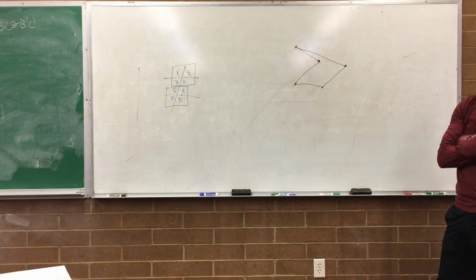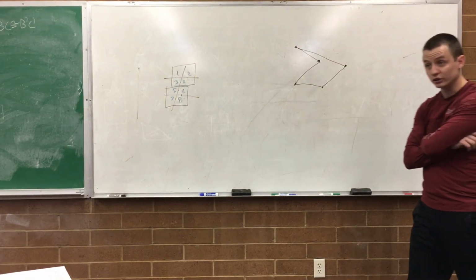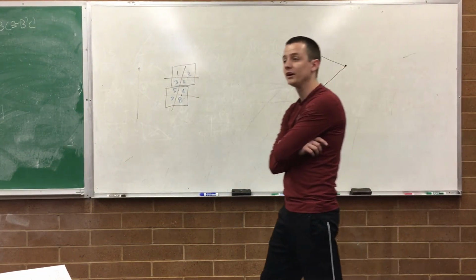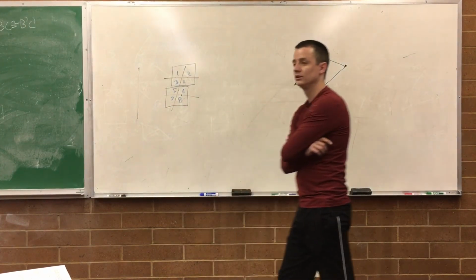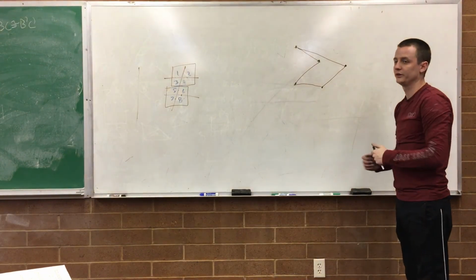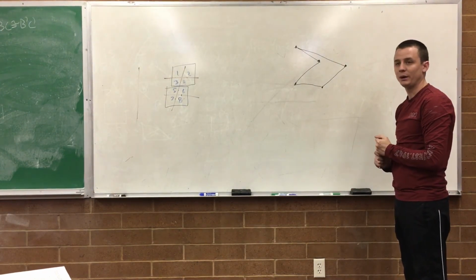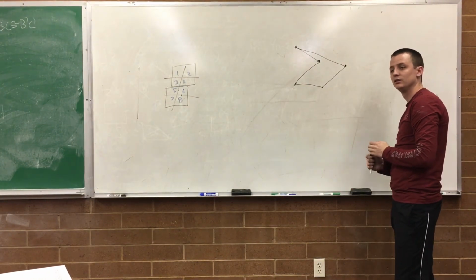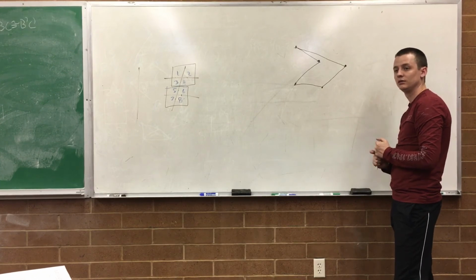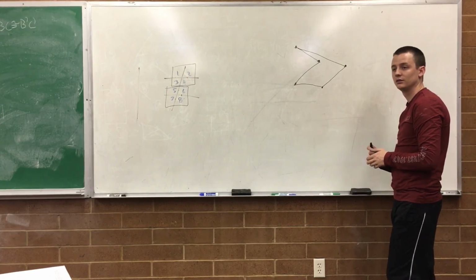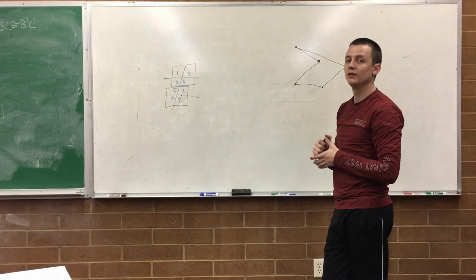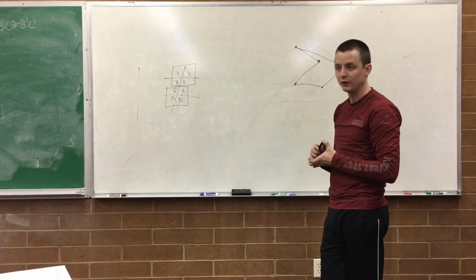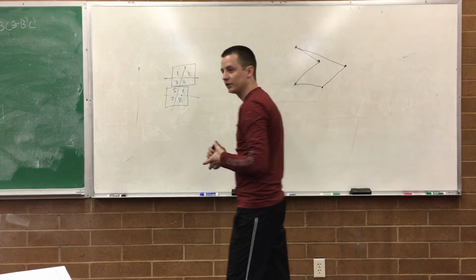An equilateral triangle is a regular 3-sided polygon. What's a regular 4-sided polygon? A square. Perfect. What's a parallelogram? It's a quadrilateral whose opposite sides are parallel. Perfect. And what's a quadrilateral?